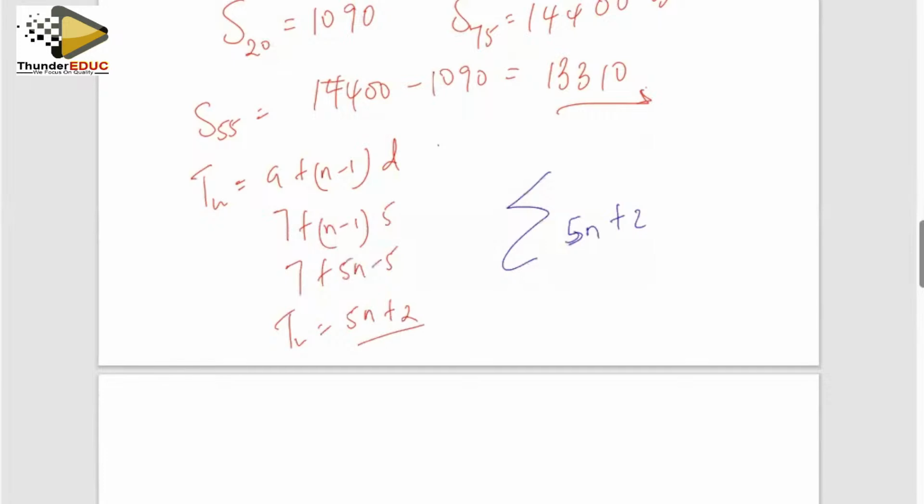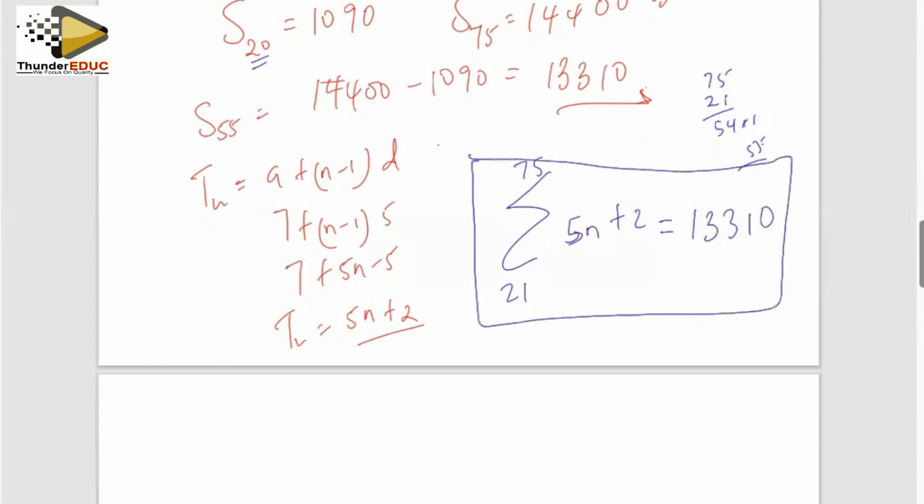Okay, now we cannot start from T20. We need to start from T21, and then T21 up to 75. If we subtract these two, 75 minus 21, that's going to give us 54, then plus 1, we have 55 terms. So this, I'm going to equate it to 13310. So this is what the question was asking for.